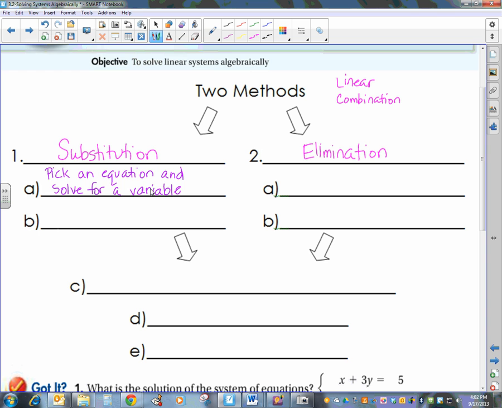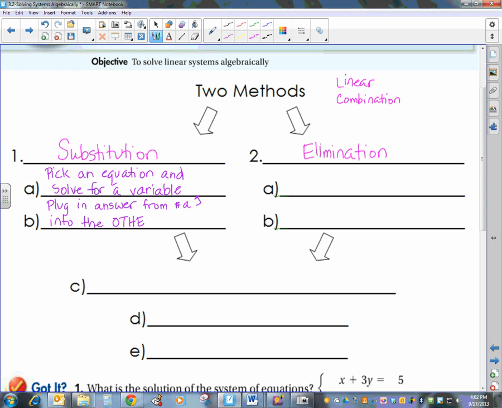Okay? And after you do that, you're going to plug or substitute, hence the name, plug in the answer from step A of what you just did above into the other equation.